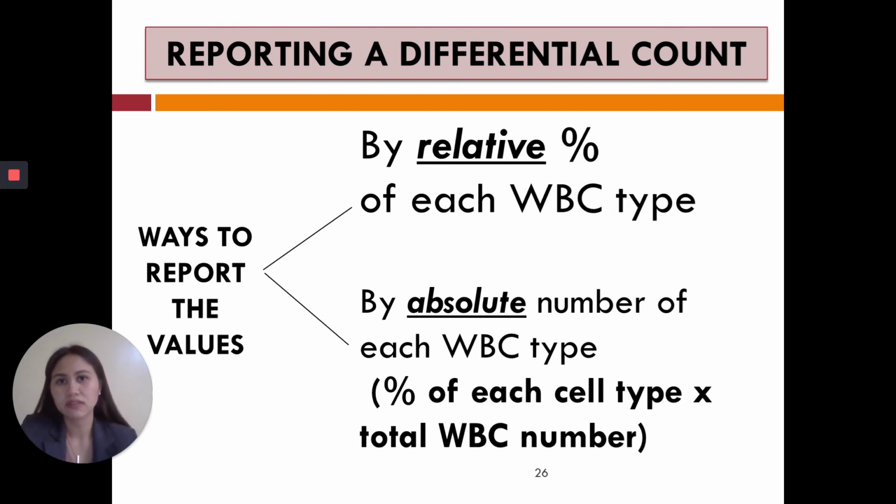For example, the patient's WBC count is 10,000 per cubic millimeter. After you identified 100 WBCs in his or her smear, then you're good to go. Again, you need the relative count of each WBC and the value of the patient's total WBC count.